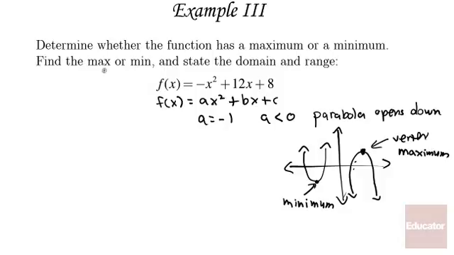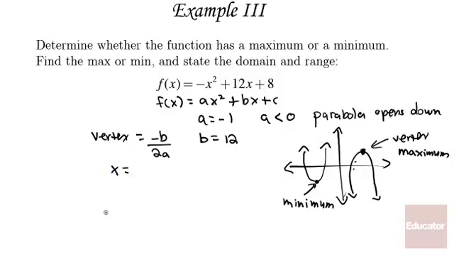Now, I'm asked to find that maximum or minimum. In other words, to find the vertex. And recall that the vertex is given by x equals negative b over 2a. Okay. So I have that my a is negative 1. Here, b is 12. So let's find the vertex.